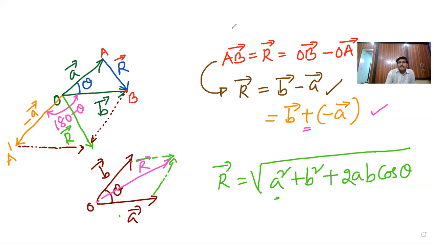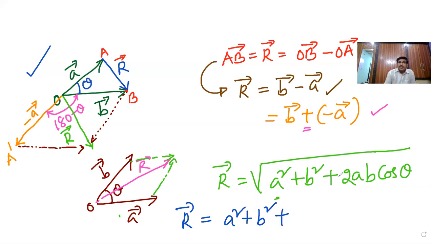If I apply here, in this case, the parallelogram case, R bar is equal to, A is a magnitude. Observe here, this is minus. Minus stands for direction, but magnitude is A only. So A square. This is B. Magnitude is B only, B square.